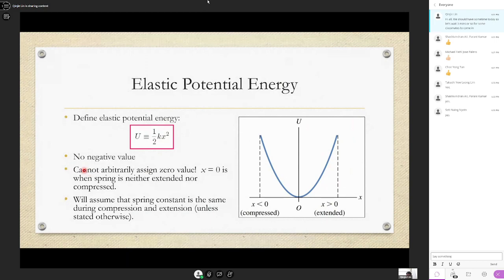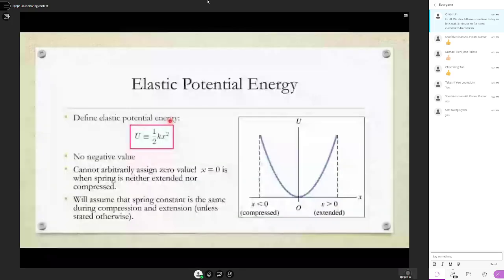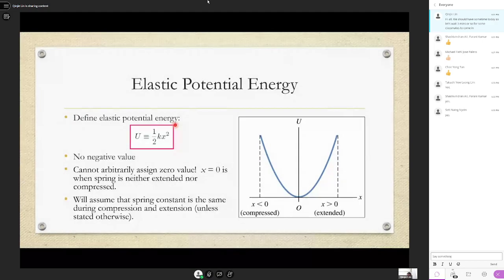We cannot arbitrarily assign zero value to this elastic potential energy. Remember just now, for gravitational PE, we can assign a zero value to the one lower in height, which makes our life easier. But for elastic potential energy, we cannot anyhow assign a zero value. The zero value must be when the spring is neither extended nor compressed.